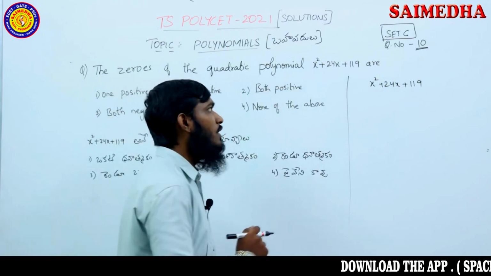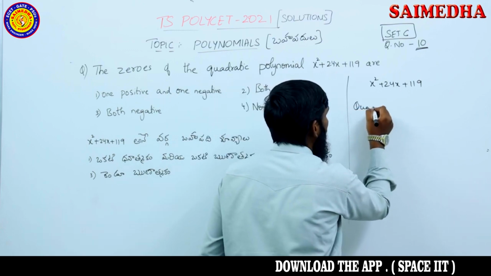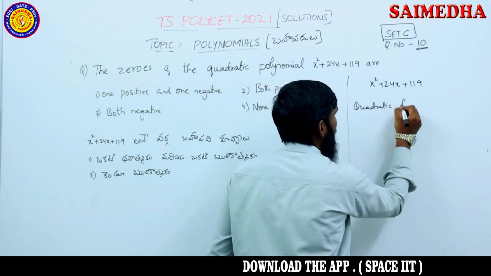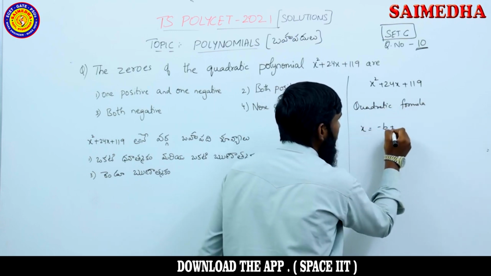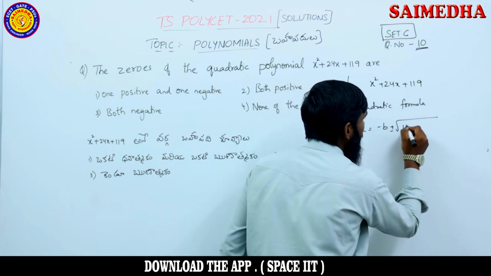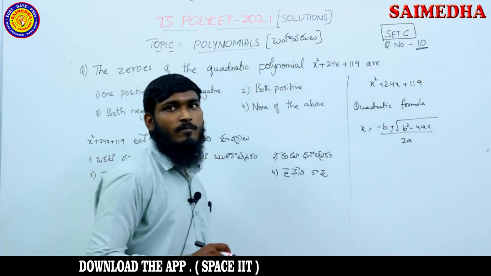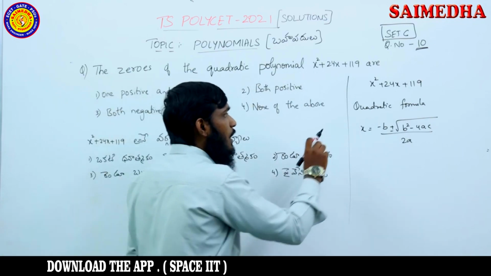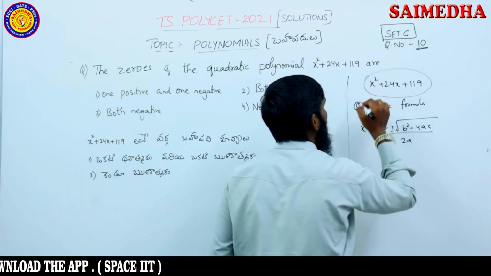Let us solve this one by the quadratic formula, which is x is equals to minus b plus or minus root b square minus 4ac divided by 2a. Let us first take out the values of a, b, c from this quadratic polynomial.